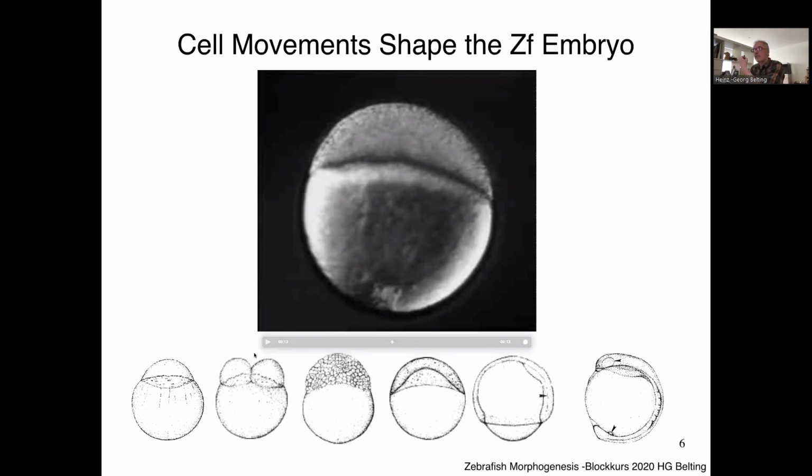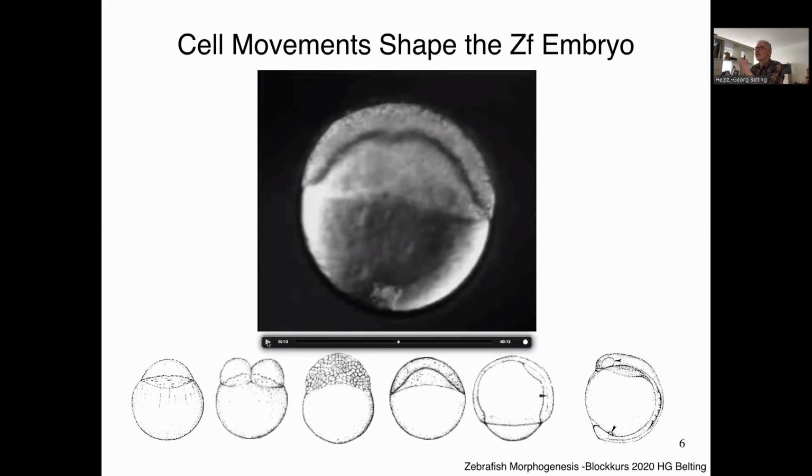And then the first thing that happens in gastrulation is we start having epiboly. Epiboly is this formation of a cup. It involves a lot of cell movements. So the cells are becoming active and they start migrating over the yolk, but some of that is actually passive.